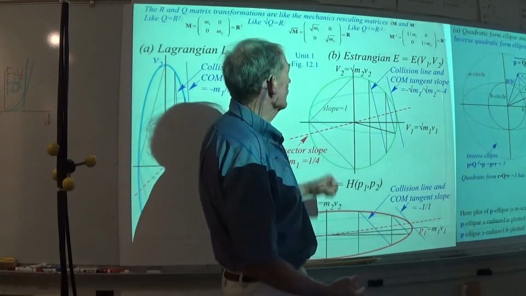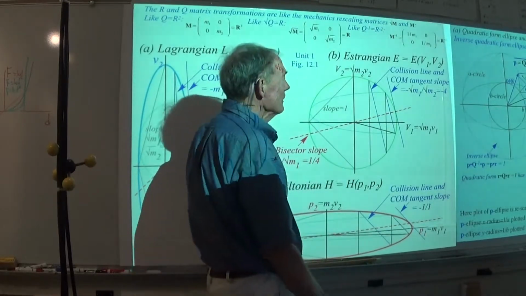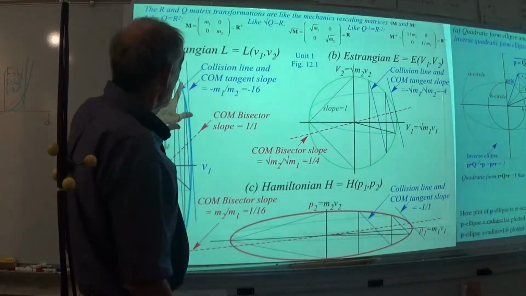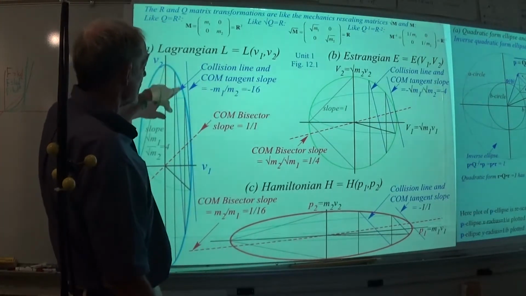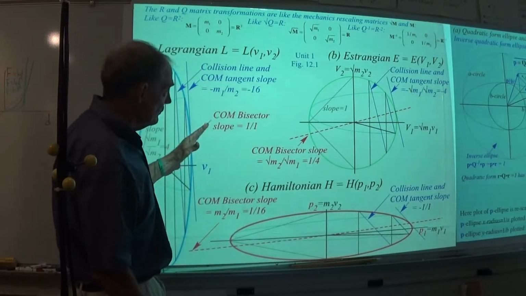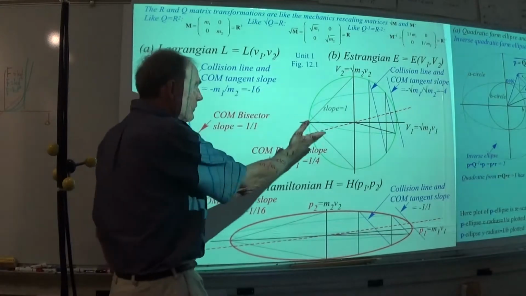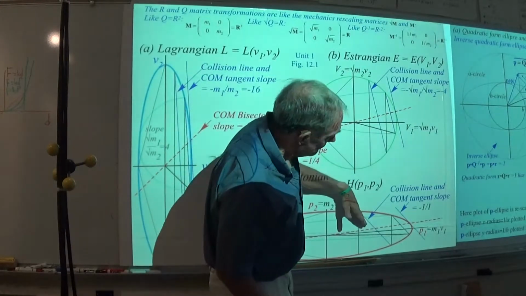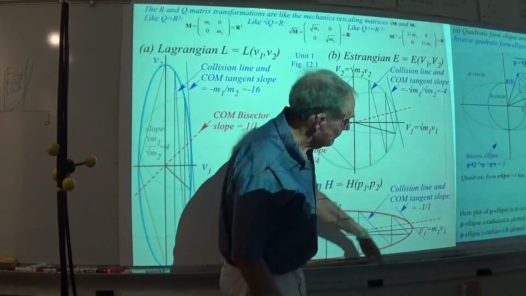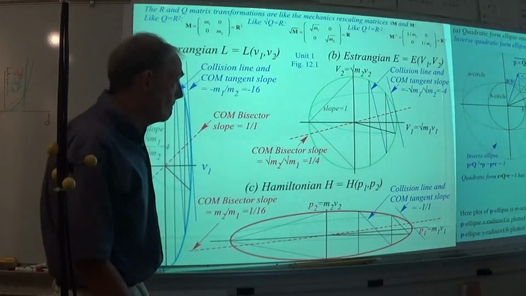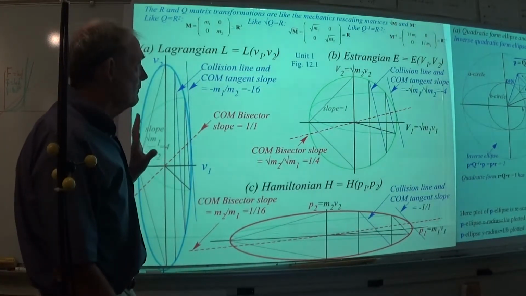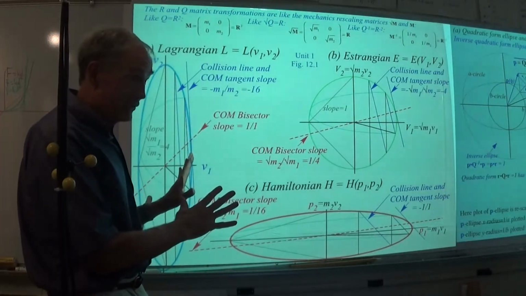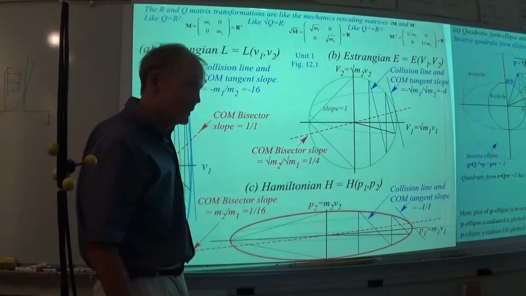Well, this is the one that uses the root that makes this guy, which we've seen already, but I just want you to see the connection between our Lagrangian that we use for all the superball collisions, with a collision line and a bisector at 45 degrees, becomes this when you just go halfway to the Hamiltonian, where you go all the way where the collision line has a 45 degree, that is minus 45 degree slope. Okay. So it's this, the geometry that underlies all of classical mechanics, and classical mechanics connected to quantum mechanics.